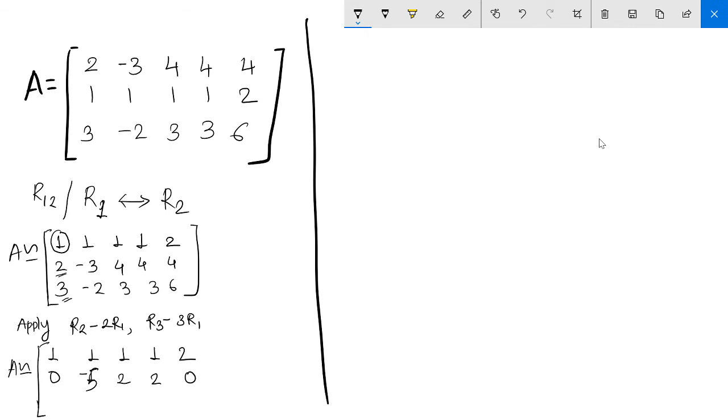Then multiply by 3 and subtract from the third row: 0, then -5, then 0 0 0.